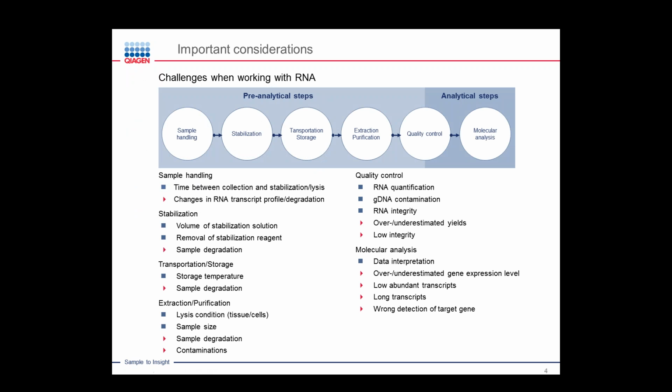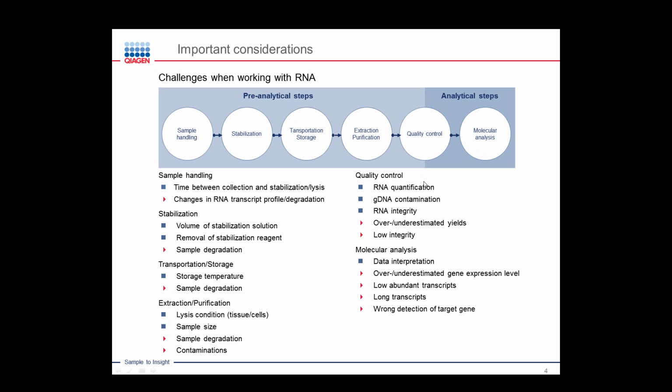Here you can see the whole workflow, which is divided into pre-analytical steps, on the left-hand side here, and into the analytical steps where the molecular analysis will be done. The quality control steps are more in between. And here I have listed some issues or problems that could arise in the different steps, and I don't want to go into detail on these issues, which have been addressed in webinars before, but more into the quality control.